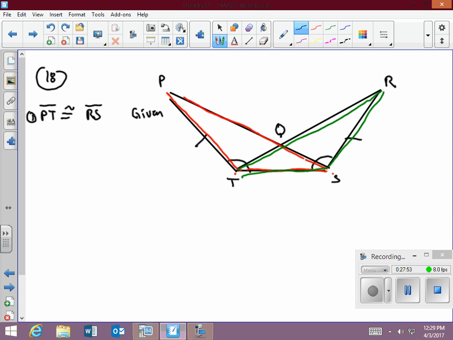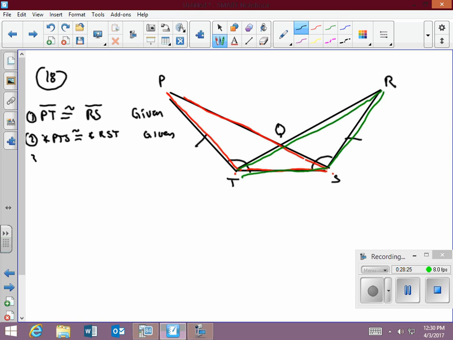And then you can say angle PTS is congruent to RST, and that's given.